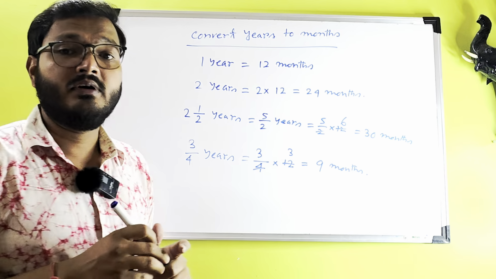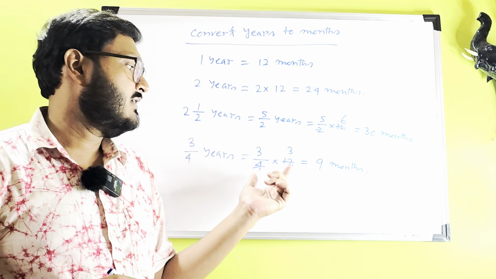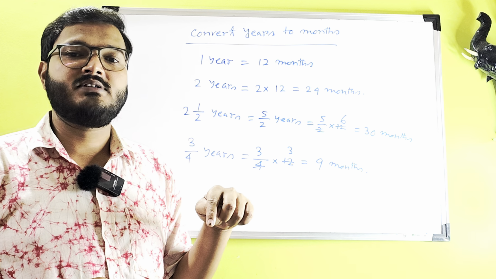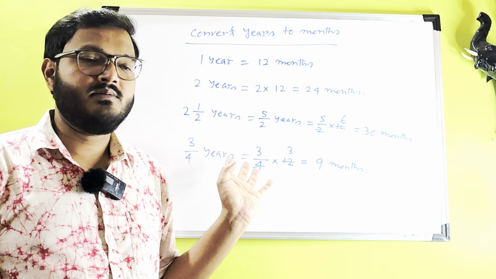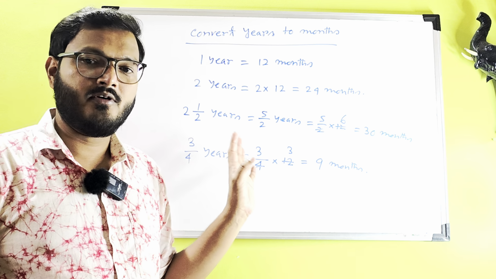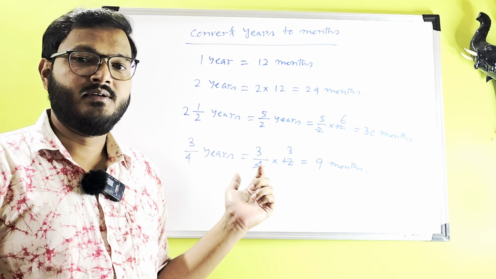I hope it's clear to all of you, because this is very useful to solve the sums. When we solve sums, we will apply this. If you don't know or you forgot, please look into this matter carefully.